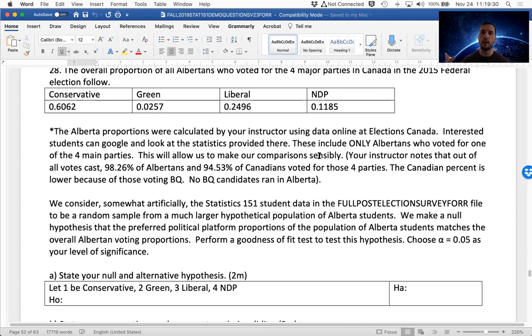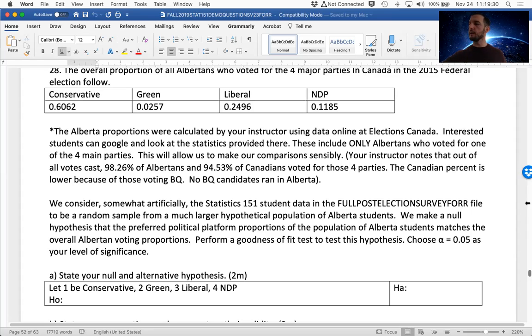So basically what we are asking here is there evidence that the way that our sample voted aligns with how the population voted? So do the proportion of students in the sample match up to, or are they close enough to the proportion of people in the population in terms of how they vote for each party?